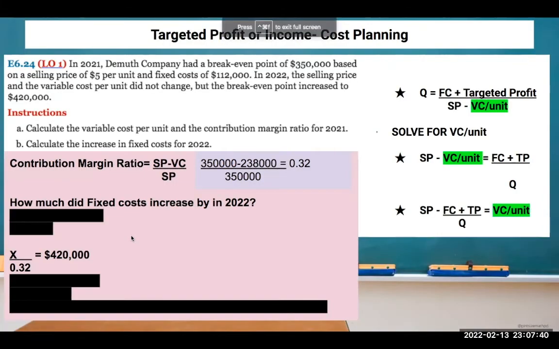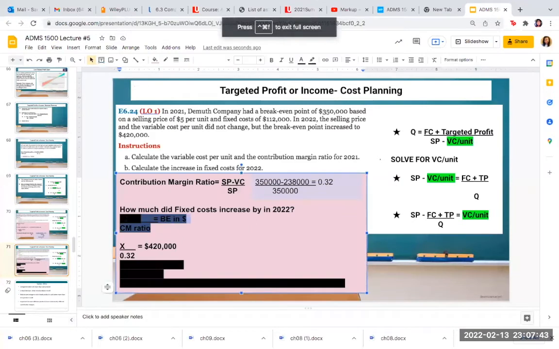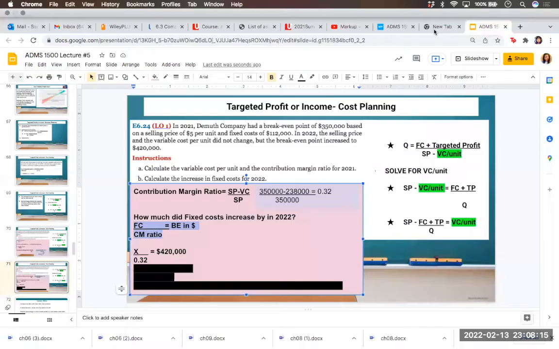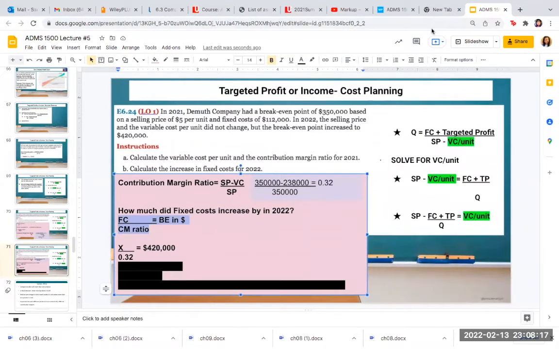right? And so what I realized is that, well, we can use the break even in dollars formula, right? Because we know how much the break even point in dollars is in 2022 of $420,000. And we know what the ratio, the contribution margin ratio is, which is 0.32.